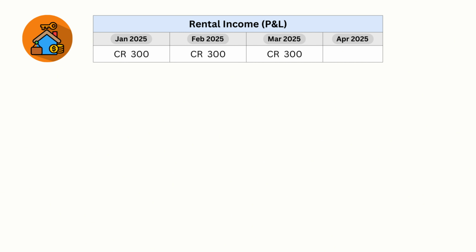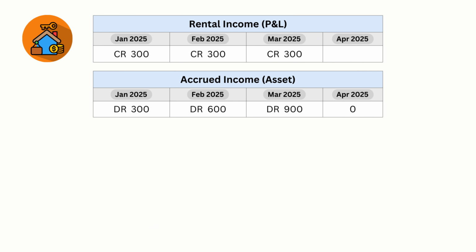Let's see the final position after the entire contract has been accounted for and bring the whole accrued income concept together. In the profit and loss account, you can see that rental income of £300 has been recognised in January, February and March. Nothing appears in April because all of the income was already recognised when it was earned.